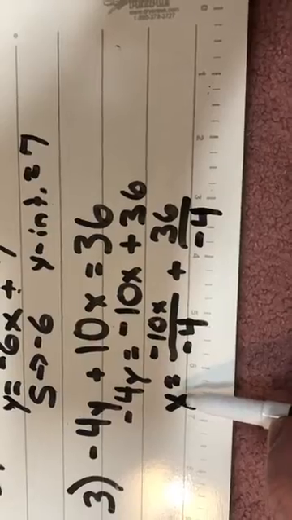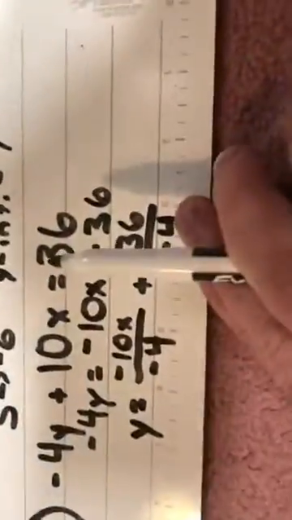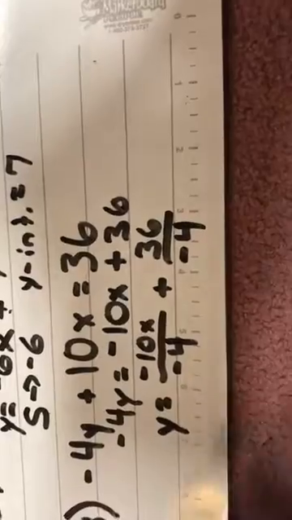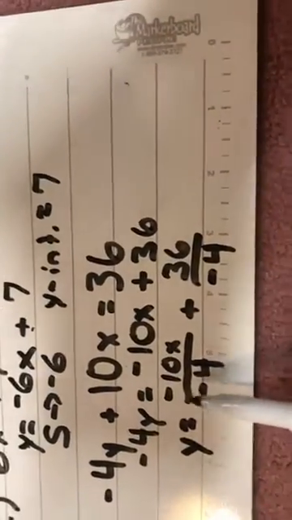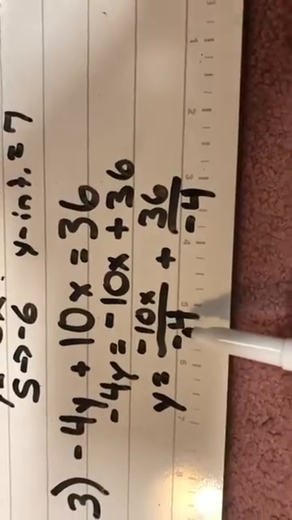Now I just have to go and do this. So I've already got my y. Negative 10 divided by negative 4. Well, folks, you're 7th graders. We're just going to leave things as fractions. We're not going to make it difficult. That's negative 10 and negative 4. We know that the negatives are going to cancel out. A negative divided by a negative is a positive.